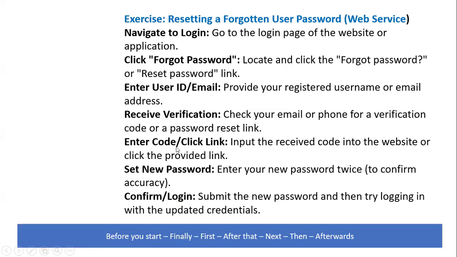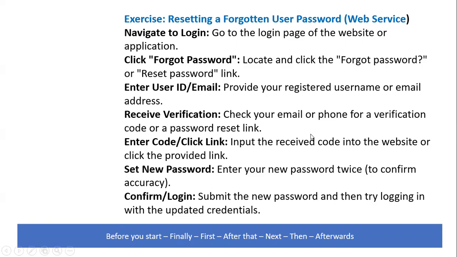And here is a little example of how to deal with this. We are given a bank of words: before you start, finally, first, after that, next, then, afterwards. So how do we organize these steps using the words that indicate sequential order?